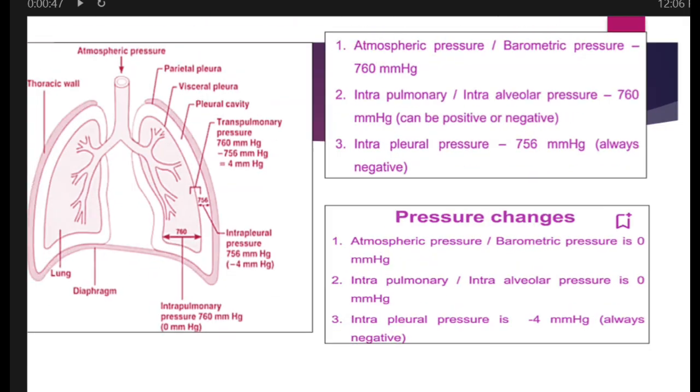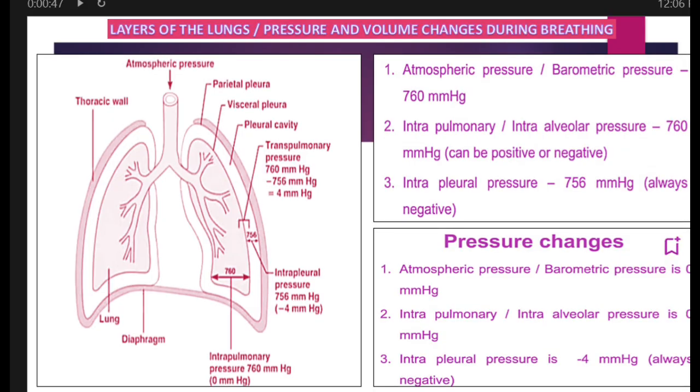But let's move into something more serious, so that we can now begin to talk about the respiratory mechanics proper. But before we talk about that, we have to look at the layers of the lungs.